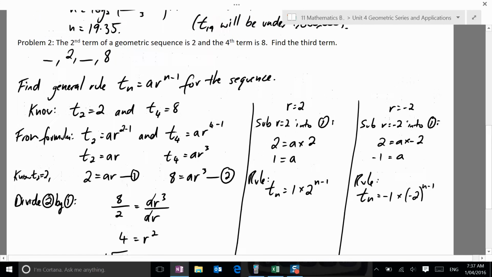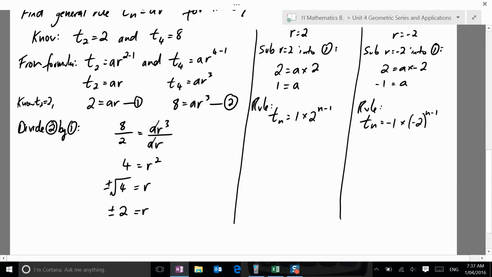What was I asked to find? Find the third term. On this side, T3 is 1 times 2 to the power 3 minus 1, which will get me my 4. In which case my sequence would be 1, 2, 4, 8, etc. On the negative side, I'm going to find T3.